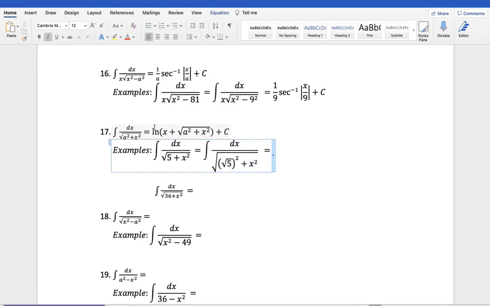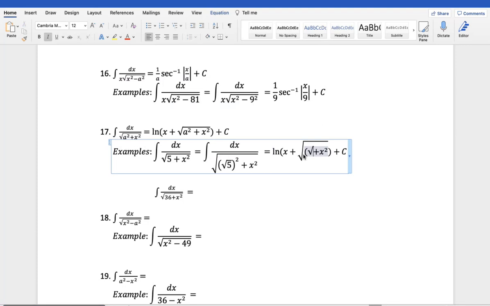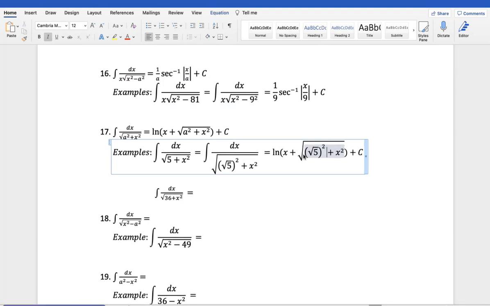And when you do that, you quickly note that our a for this specific example is just equal to the square root of 5. So we have the entire solution to be ln of x plus the square root of 5 squared plus x squared, all plus c, the constant of integration.